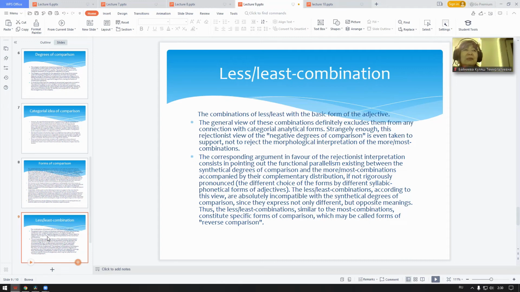The less combinations, according to the view, are absolutely incompatible with the synthetical degrees of comparison, since they express not only different but opposite meanings. Thus, the less, least combinations, similar to the most combinations, constitute specific forms of comparison, which may be called forms of reverse comparison.